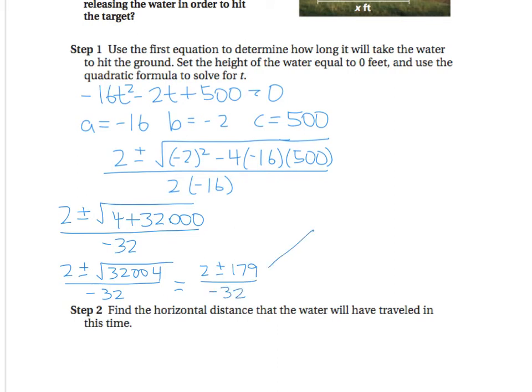So our two answers: 2 plus 179 over negative 32, which in the end is going to give me a negative number, so that's not going to work. And then 2 minus 179 over negative 32 is approximately 5.5.